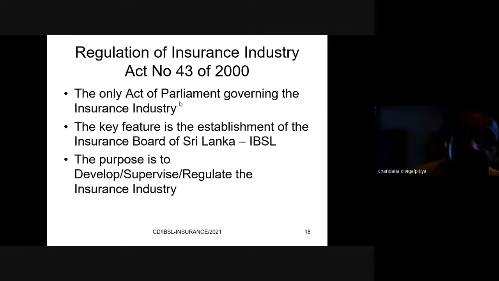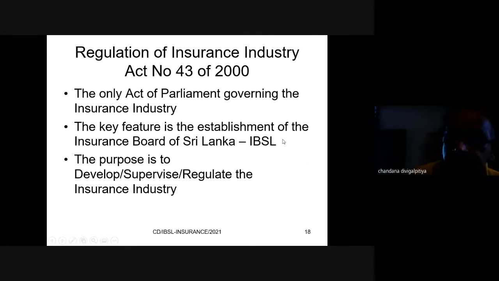The key feature is to establish the Insurance Board of Sri Lanka, IBSL. Earlier we called it IBSL, Insurance Board of Sri Lanka. Since this name was similar to the Institute of Bankers of Sri Lanka, the name has now changed to IRCSL, Insurance Regulatory Commission of Sri Lanka, right? So put a dash here.